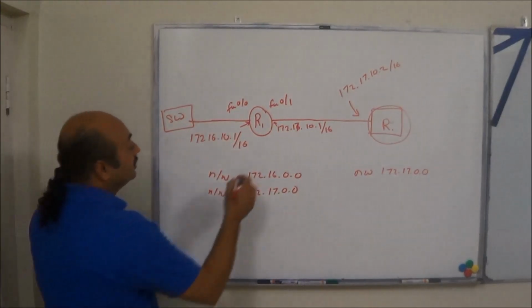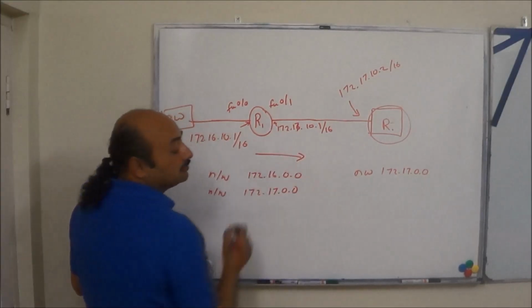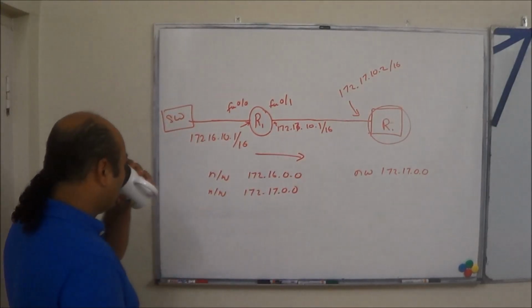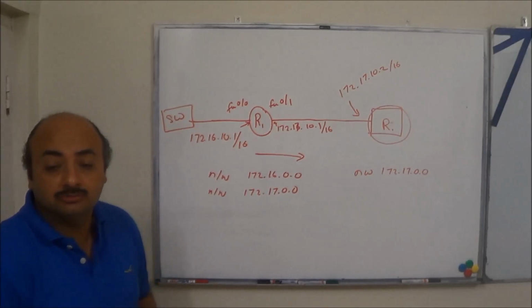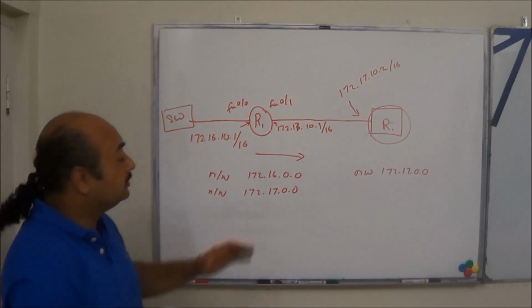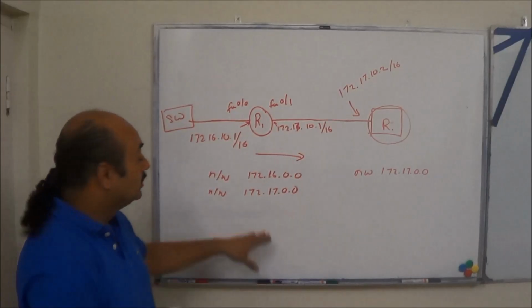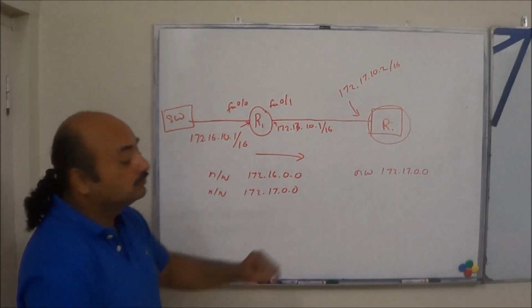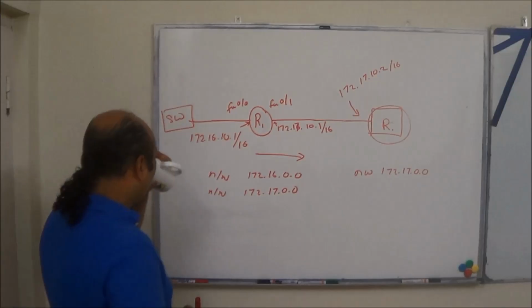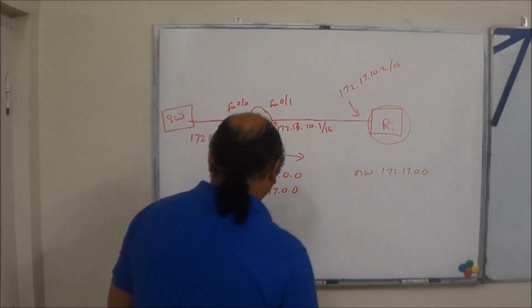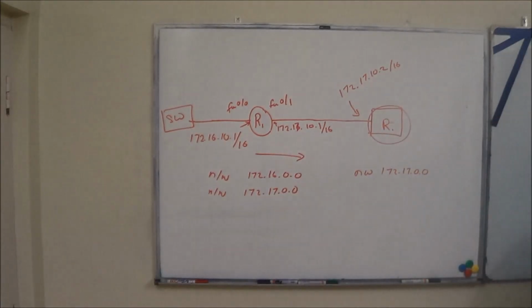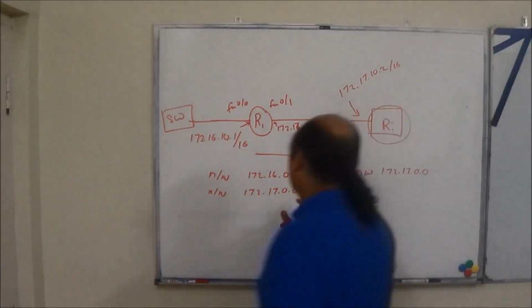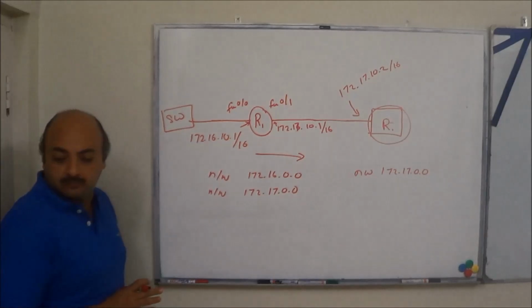In this case, what will it advertise here? 172.16.0.0 and 172.17.0.0. That is what it will advertise. We are clear on that part, right?